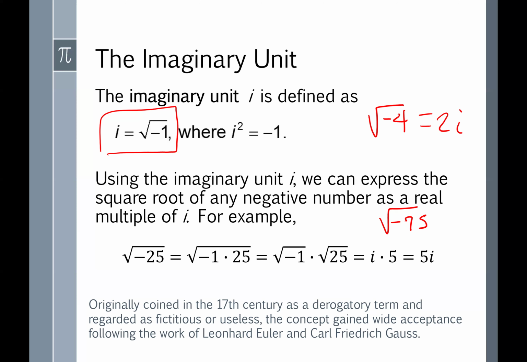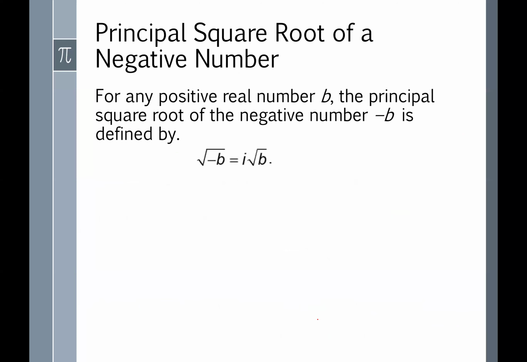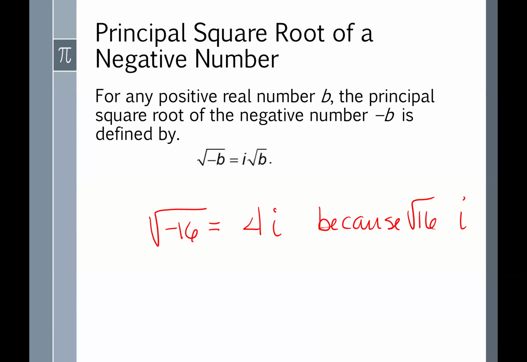The square root of -1 is i by definition, and the square root of 25 is 5. So the square root of -25 is 5i, 5 times the imaginary unit i. By definition, the square root of a negative b is i times the square root of b. So the square root of -16 is 4i, because it's the square root of 16 times i, and the square root of 16 is 4.